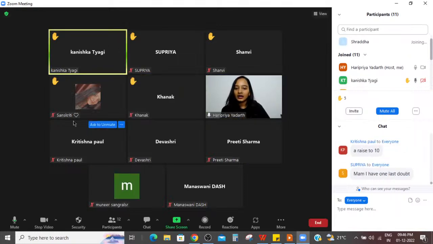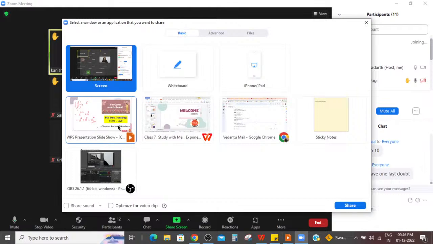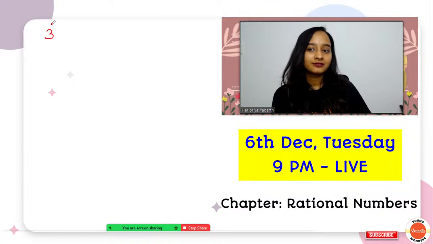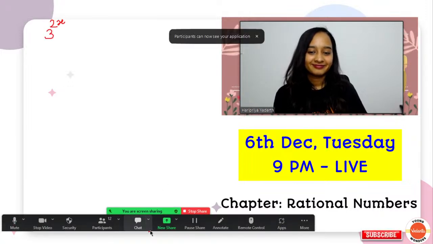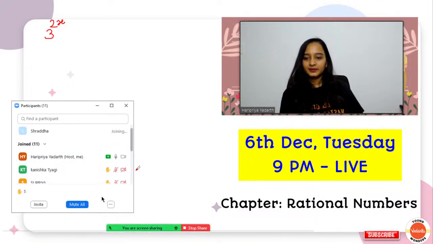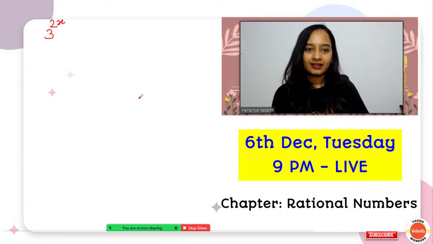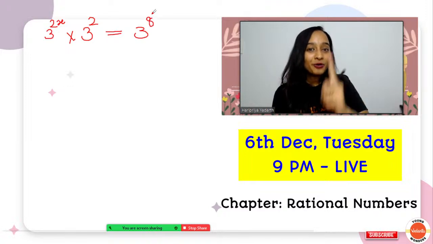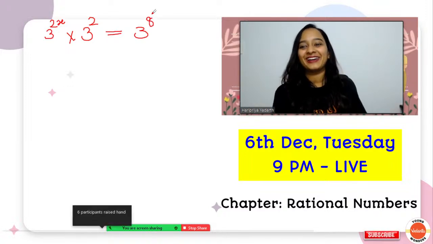Find the value of x is the question. 3 to the power 2x multiplied with e to the power 2 is equal to 3 to the power 8. मैंने बोला ऐसे सवाल मत करो क्योंकि 2 बार हम कर चुके हैं.